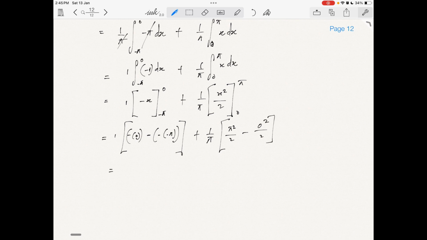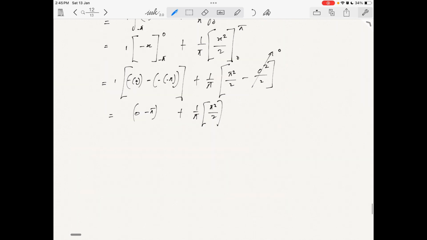Now this will give us 0 minus minus pi, plus 1 over pi into pi squared over 2, because the lower limit turns to 0. So we have pi plus pi over 2, and this is a naught.